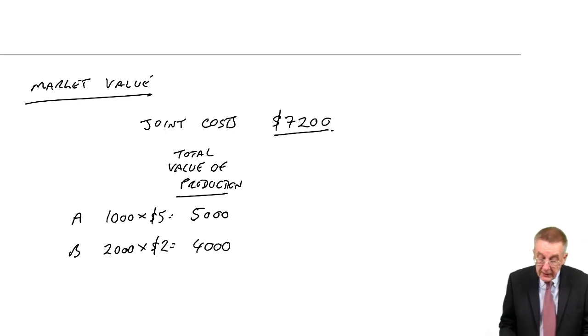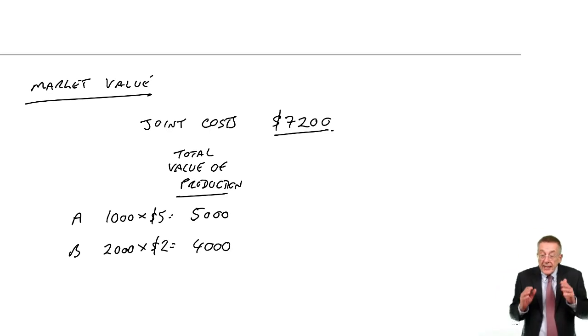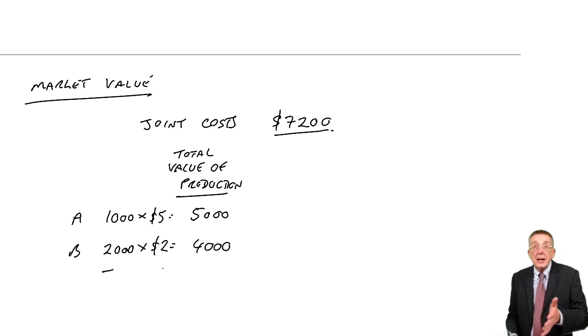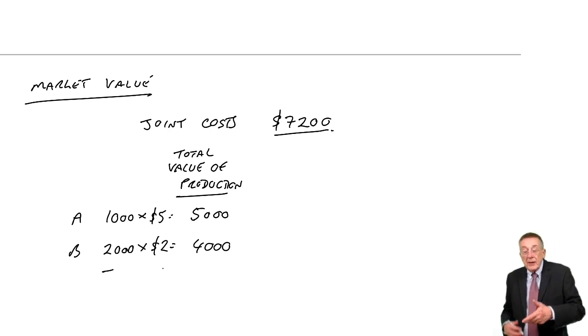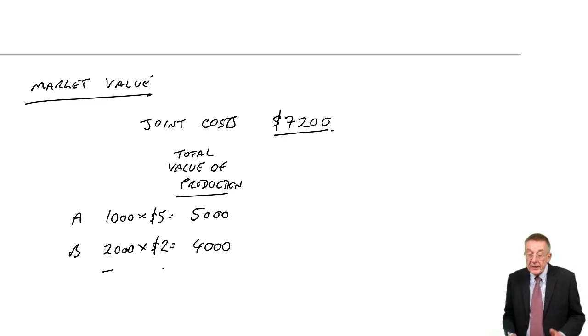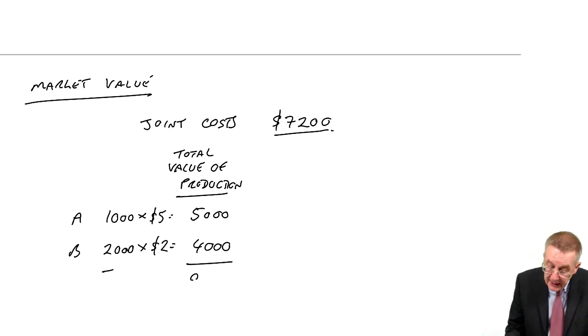And so 4,000. Now what we sell is not relevant, it's the value of what we produce. There are 3,000 kilos coming out. And whether we sell it or whether it's in inventory, the sales value of it is a total of 9,000.